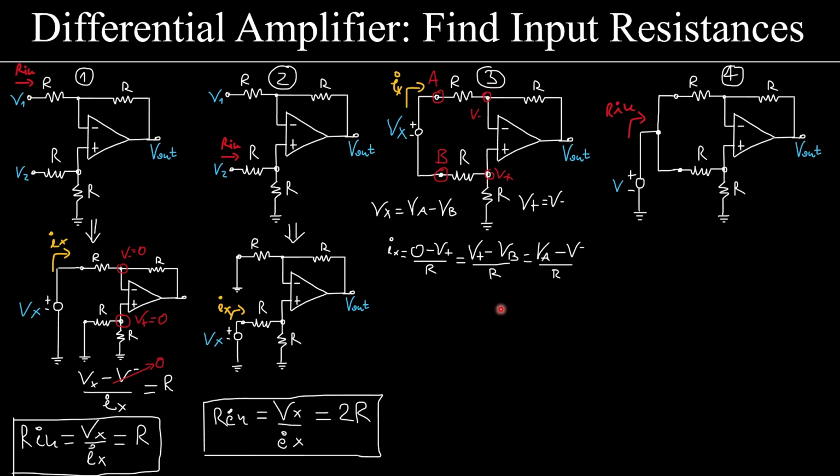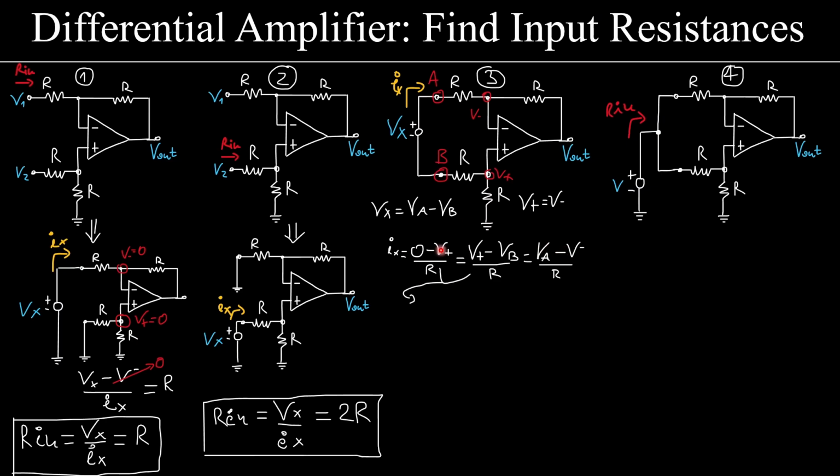Notice that in these circuits, we work with a current. We look at where the current goes and where it flows. It is key to our understanding of how to find these input resistances.